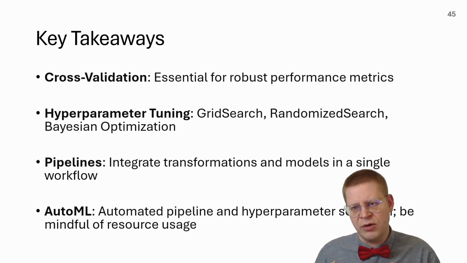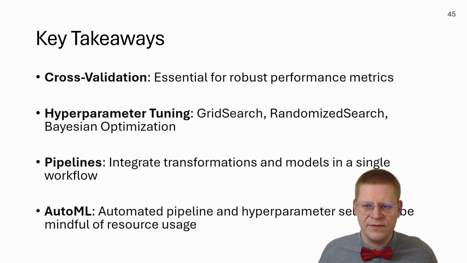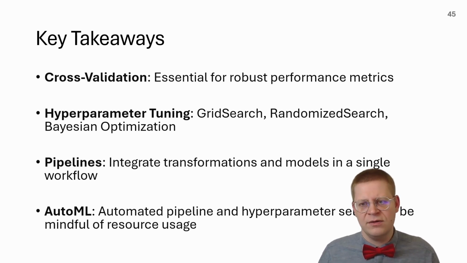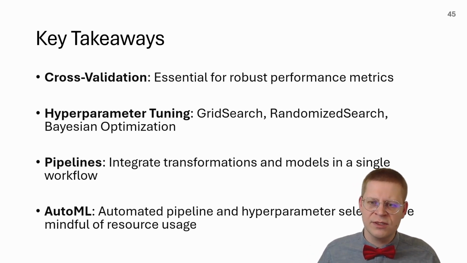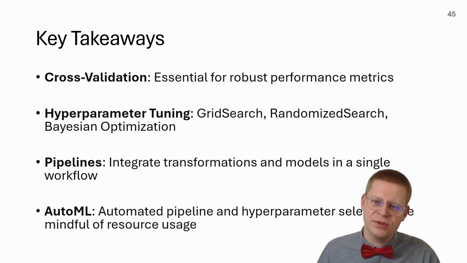Then we saw how pipelines unify all the transformations and training steps under one consistent framework, ensuring no data leakage and simplifying hyperparameter tuning. And finally, we reviewed AutoML, which aims to automate much of this process by searching across various models and hyperparameters. If you want to dive deeper, I highly recommend checking the documentation of the tools and build something based on it.